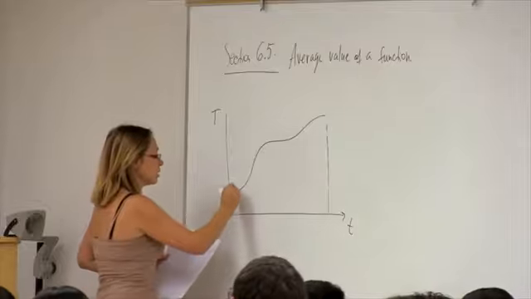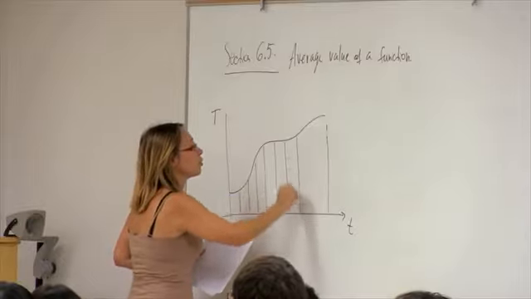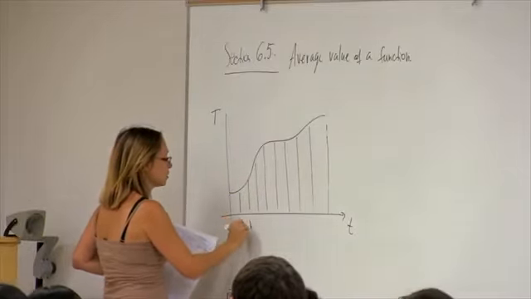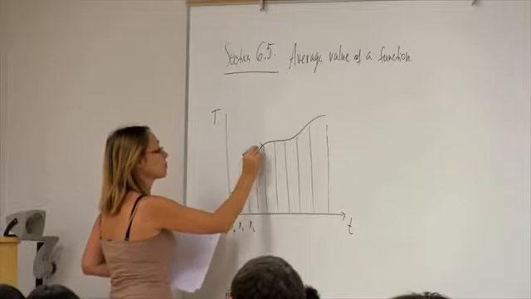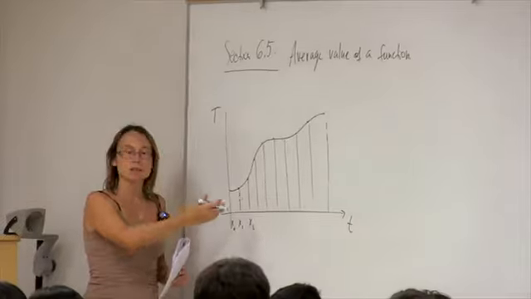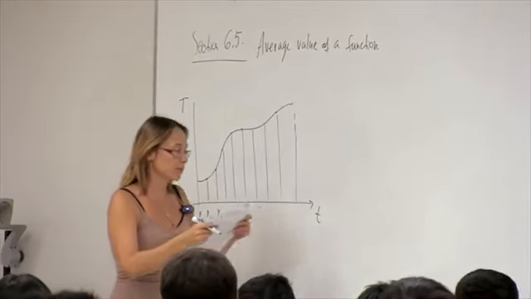So what I do is I'm going to split this function into a number of points, okay? x0, x1, x2, and so on. I'm going to add these and divide by n, as many as I have values.